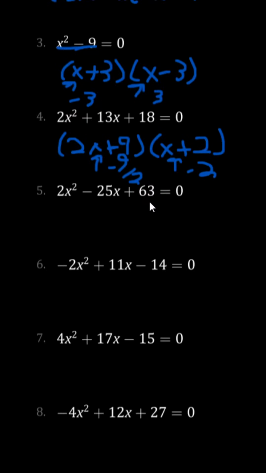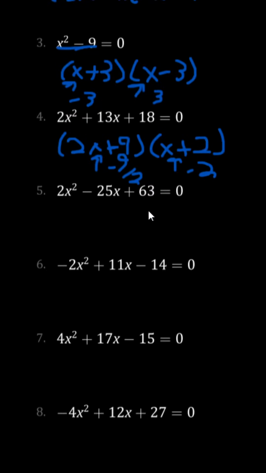We could do... No, that doesn't make sense. What other factors does 63 have, and what am I missing? It's not divisible by 4, it's not divisible by 5, it's not divisible by 6. It's divisible by 7. Because 63 plus 7 is 70, so this is 7 times 9. Of course it's 7 times 9.